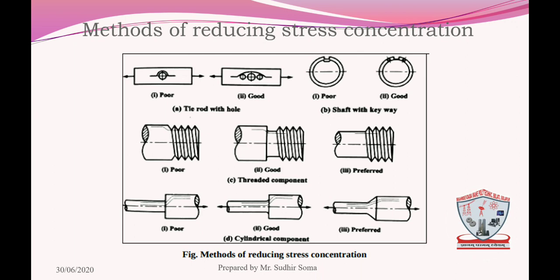Next, you see the reduction of stress concentration in a threaded member. Then, by providing small holes near a big hole, or drilling additional holes for a shaft. In this way we reduce the amount of stress concentration.